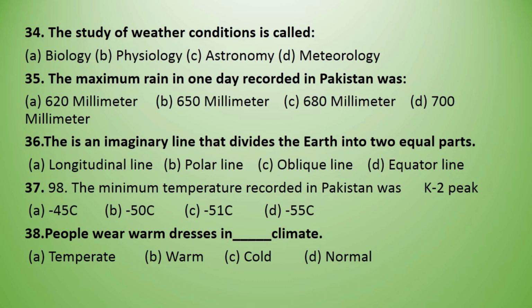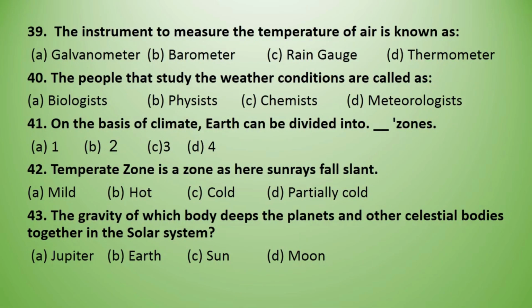38. People wear warm dresses in ___ climate. A. Temperate. B. Warm. C. Cold. D. Normal. Answer is C. Cold. 39. The instrument to measure the temperature of air is known as A. Galvanometer.